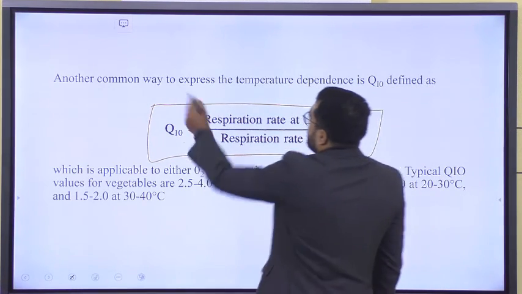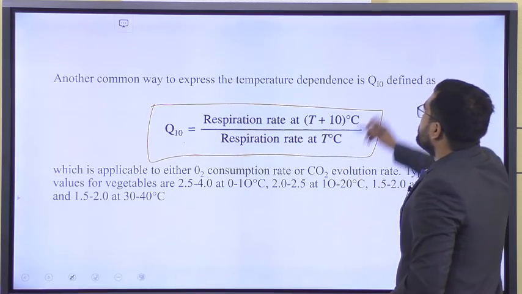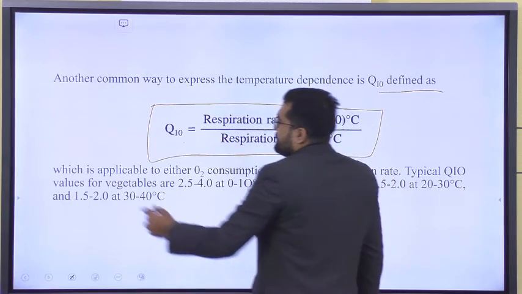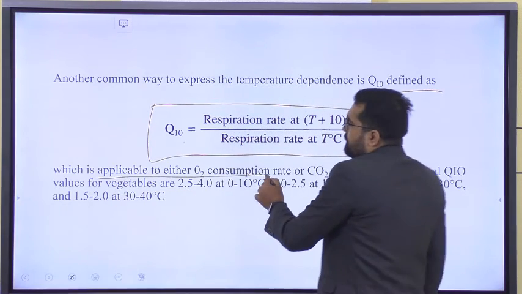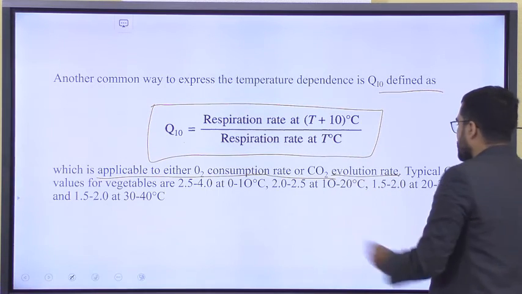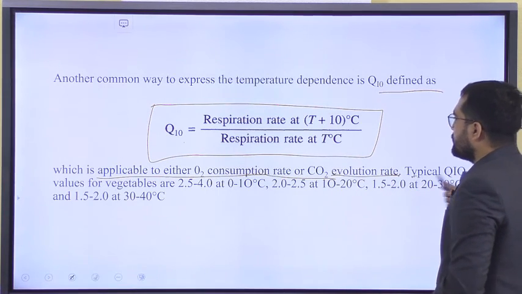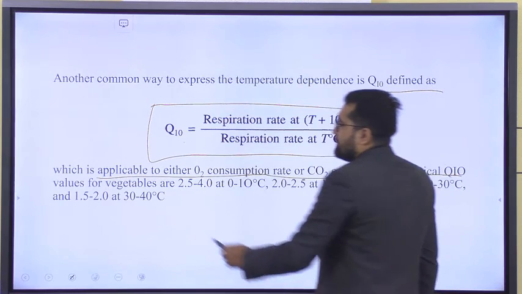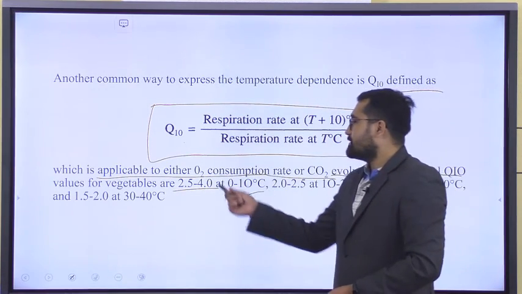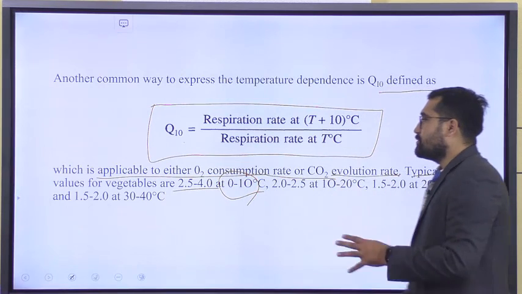So Q10 is a common way of expressing the temperature dependence, and it is applicable either on O2 consumption or CO2 evolution. For both it is applicable, and typically the Q10 value for vegetables is 2.5 to 4 when the temperature is between 0 to 10.